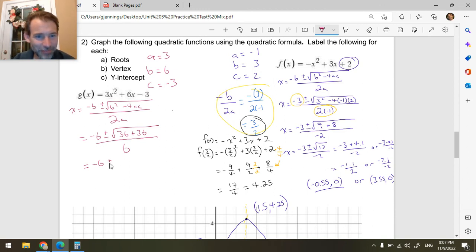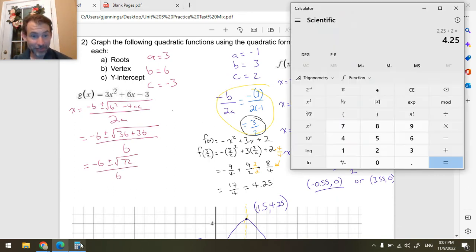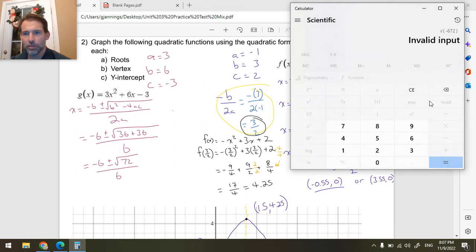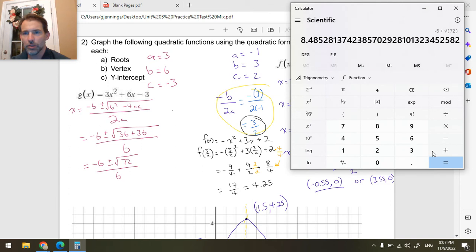All right, plus or minus the square root of 72 over 6. Work these out. I'm working a little faster here because I'm not showing you as much. -6 plus or minus 72, but I want its square root. Oh, geez. Okay, -6 plus 72's square root equals that.